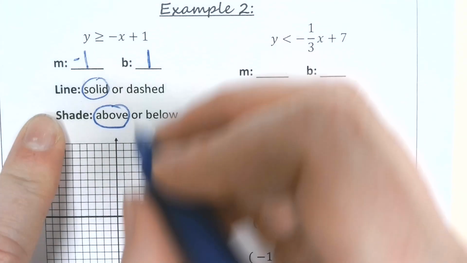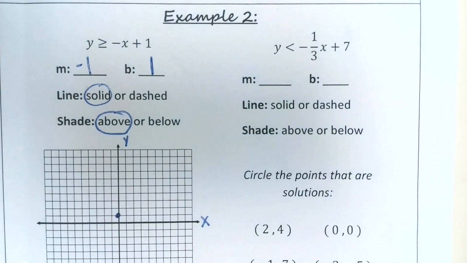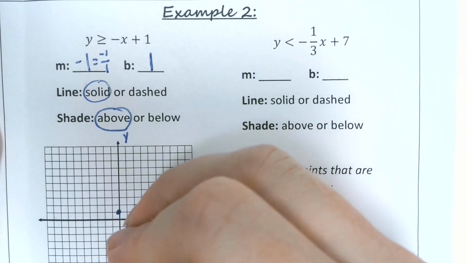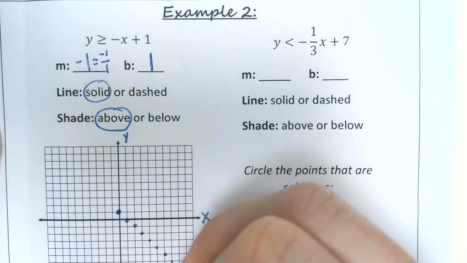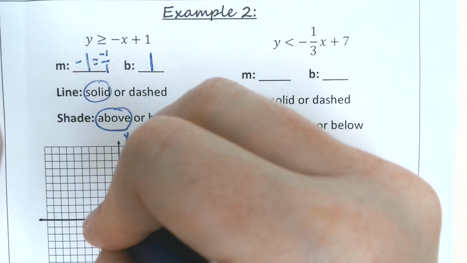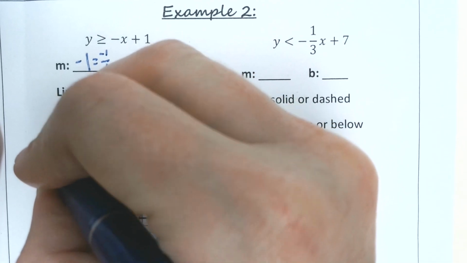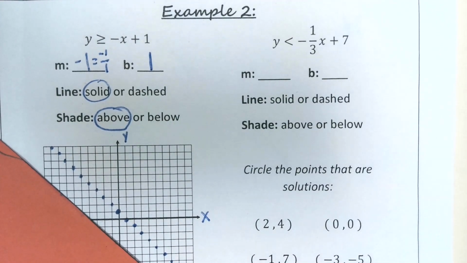So start at your y-intercept. So this is x, this is y. We're going to start at your y-intercept of 1. Then do your slope of down 1, right 1, down 1, right 1. Make your solid line and shade above it.